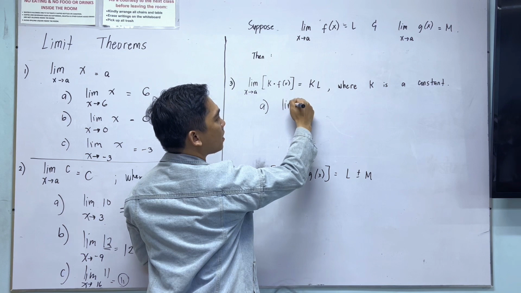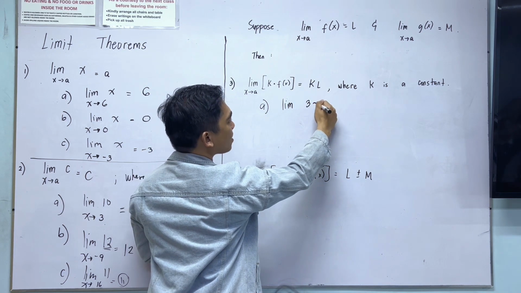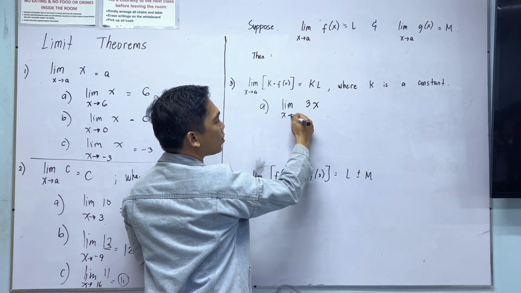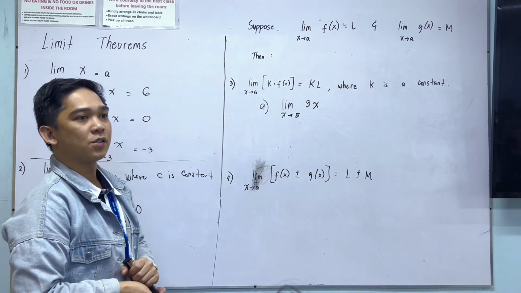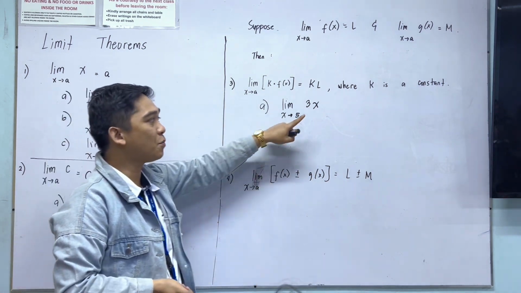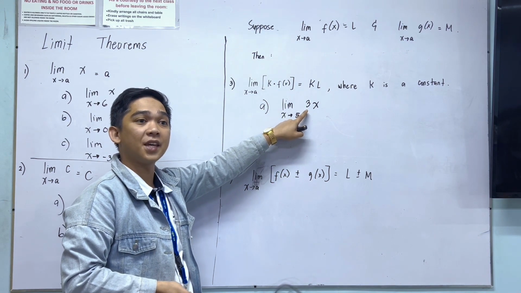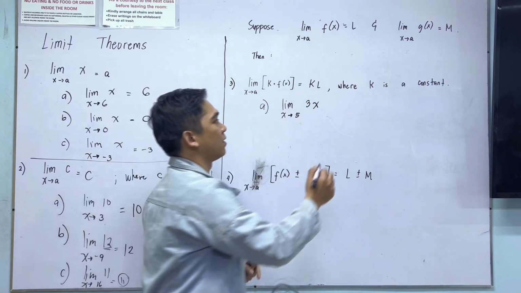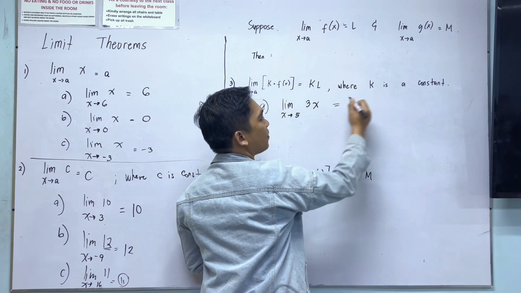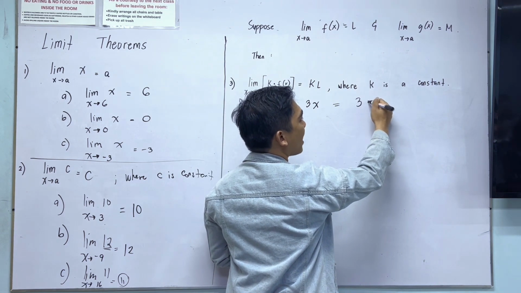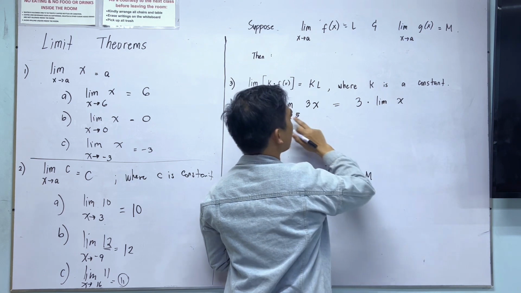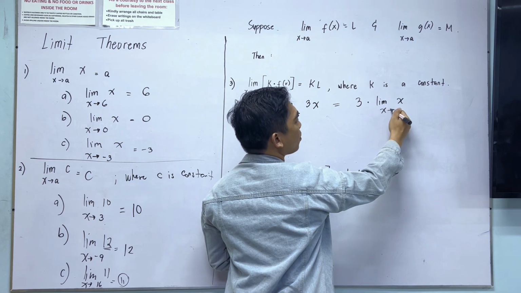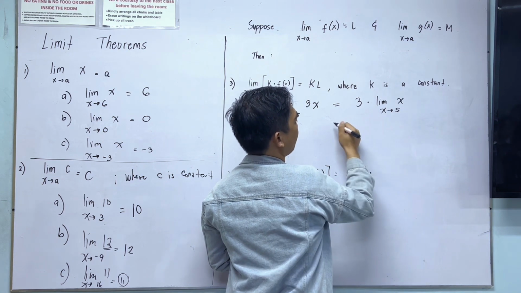Example, limit of 3x as x approaches 5. So, unang step, ihiwalay muna natin si constant. The constant here is 3, or the numerical coefficient. So, 3 times limit of x as x approaches 5.